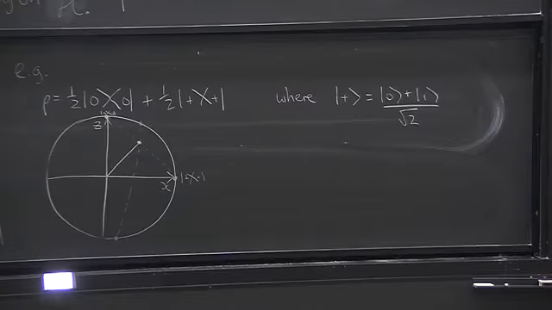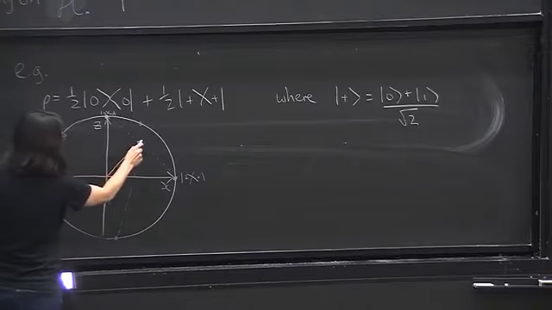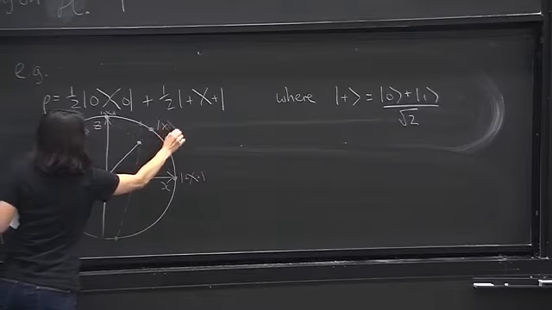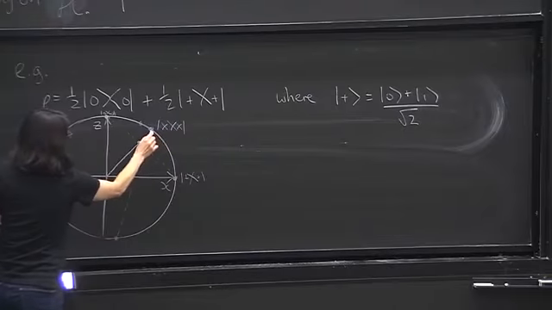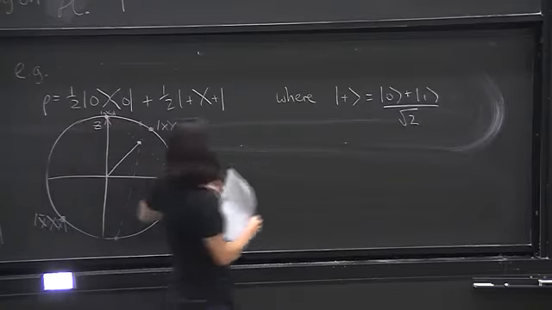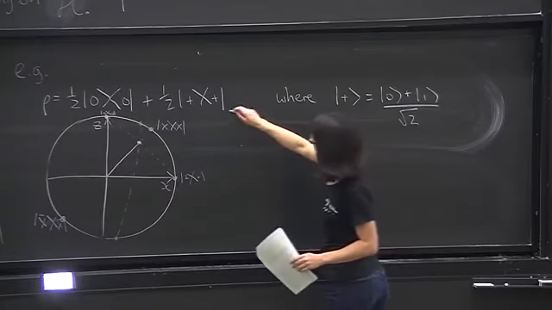So let's look at a concrete example. I can take this particular state here, and let me just call it x, and another state here, which will be orthogonal to x. And I'll show you how I can decompose this in terms of those states.